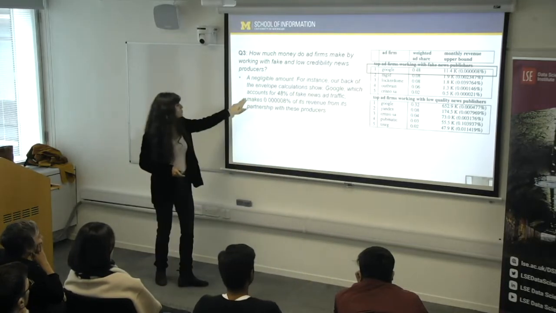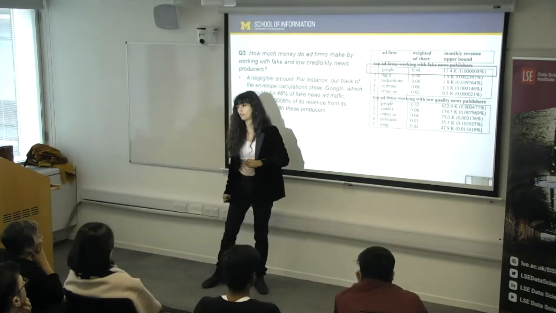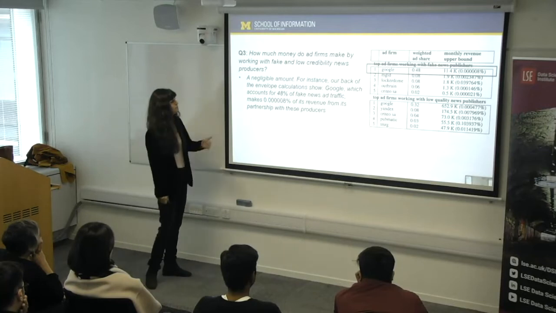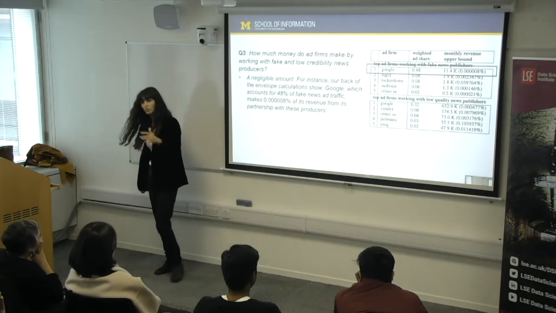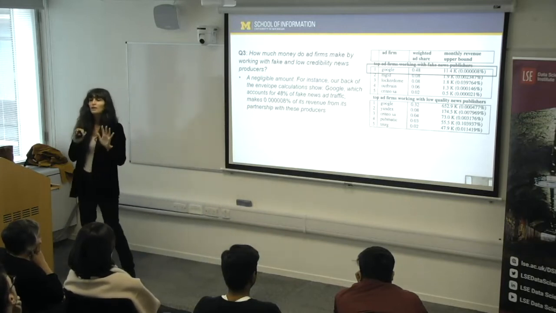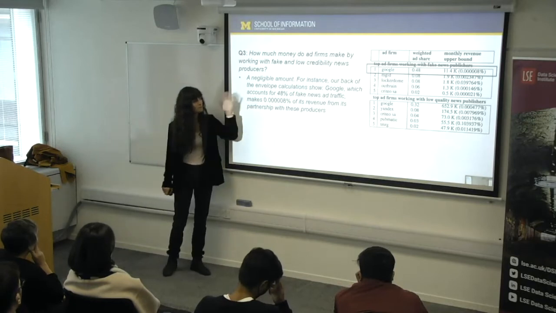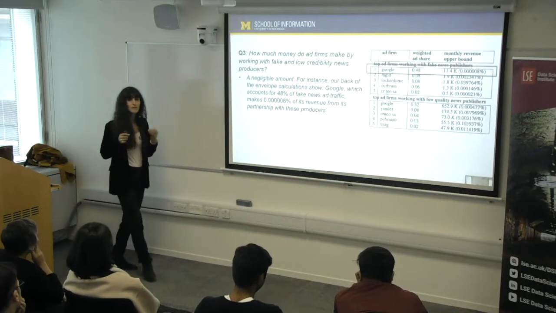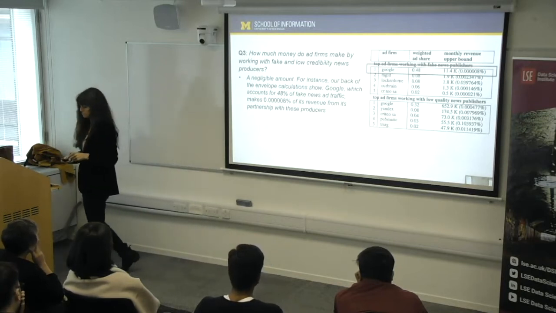So Google alone is accounting for roughly 48% of the fake news ad traffic, right? But they're only making 0.000008% of their revenue, according to our back of the envelope calculations, which we tried both with pay per click and per view. The result is similar. They're really making negligible amounts of money, but they are really important to these producers.